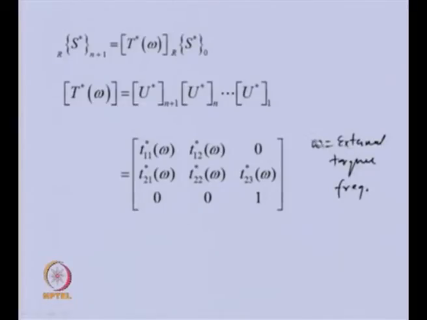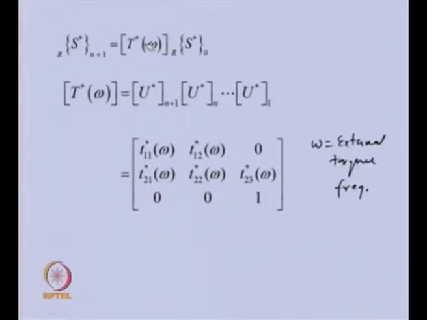If we want the response for various external torque frequencies, we can vary this, and once we substitute it in the various transfer matrices, they will be in the form of numbers, and they can be multiplied to get the overall transfer matrix, which will also be in the form of numbers.